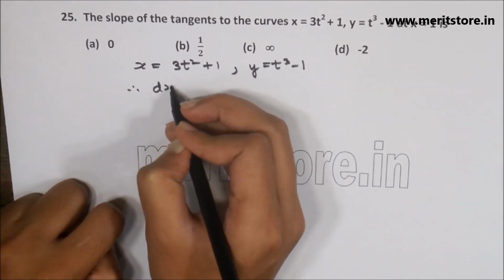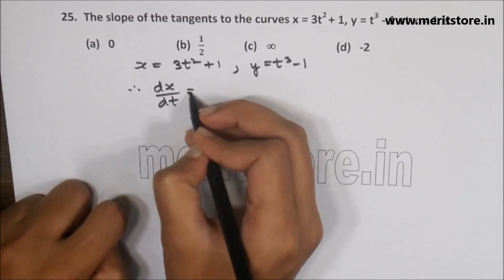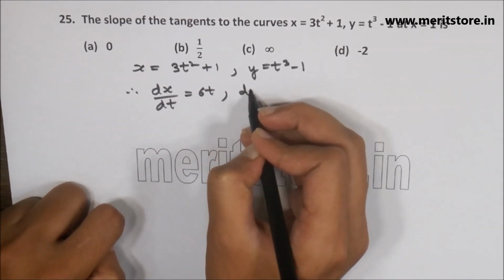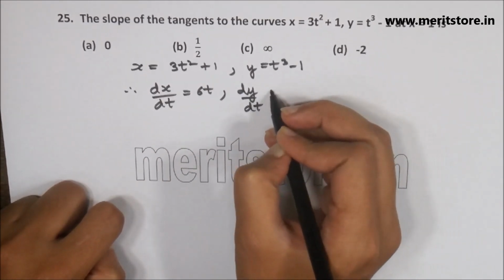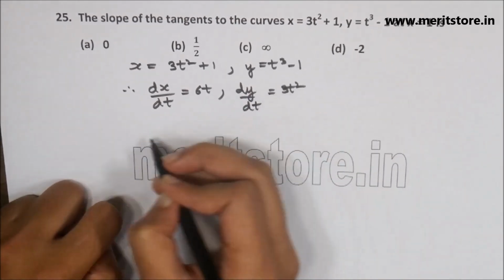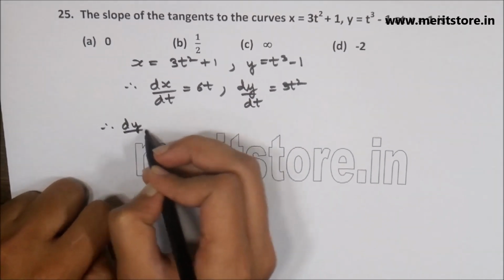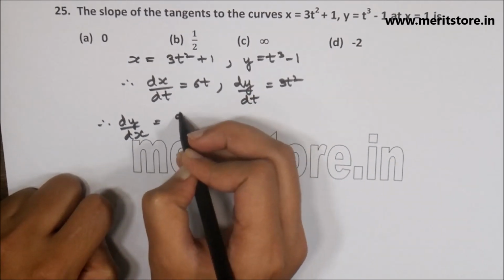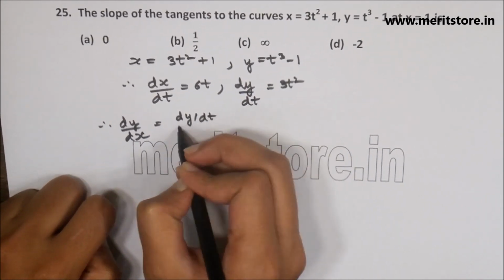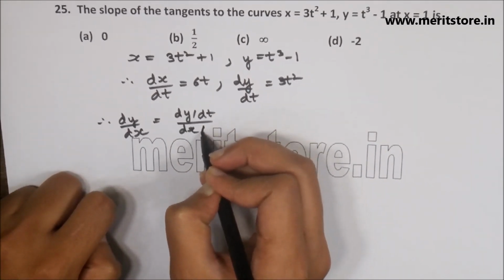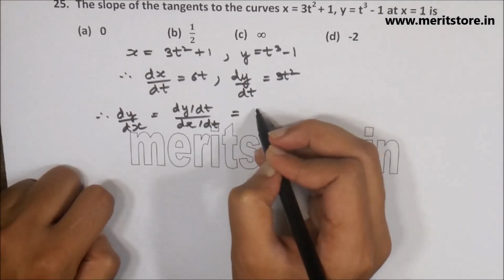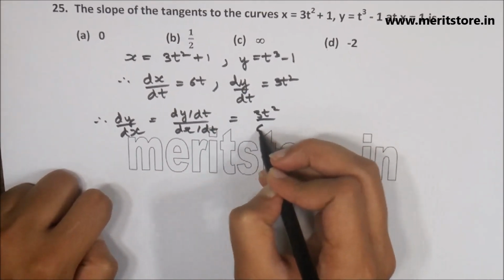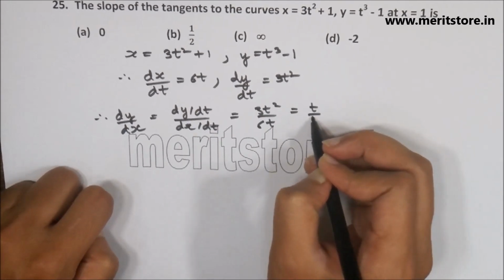Differentiating both the equations, we get dx by dt is equal to 6t and dy by dt is equal to 3t square. Therefore, dy by dx is equal to dy by dt upon dx by dt is equal to 3t square upon 6t, which is equal to t by 2.